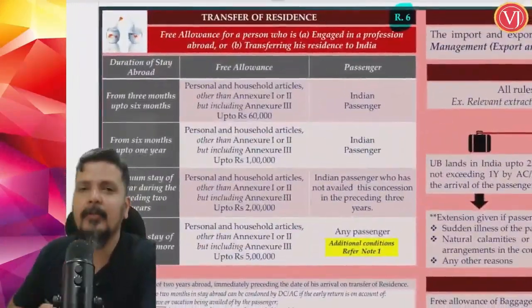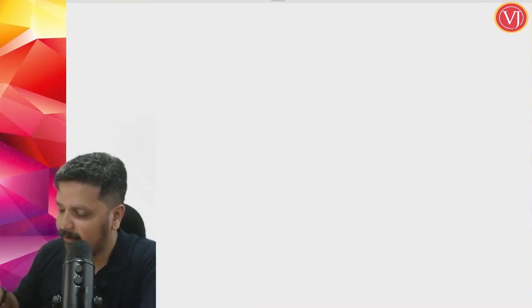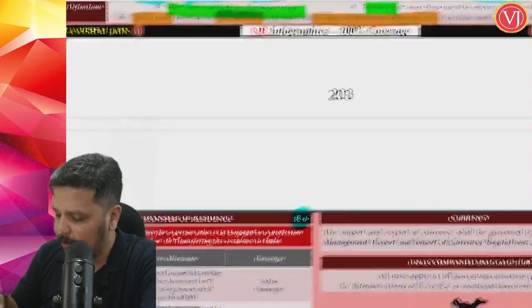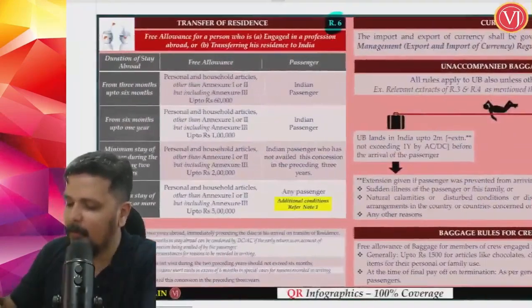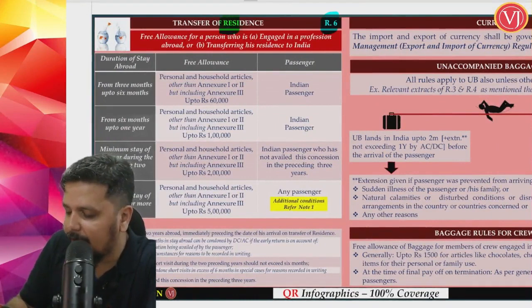Now, talking about the last computation rule, which is rule 6. When you talk about rule 6, it talks about which situation? It is talking about a scenario where you are transferring your residence.